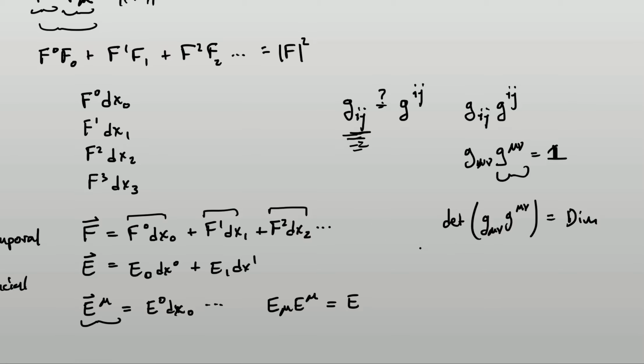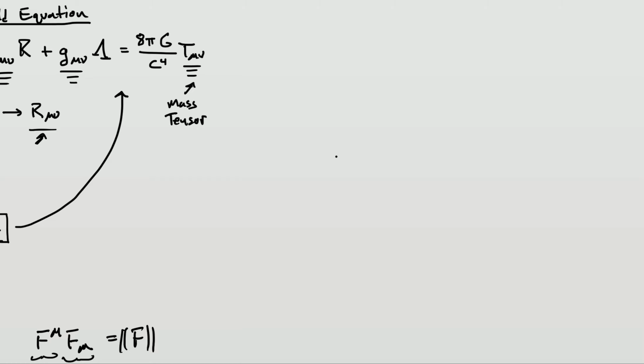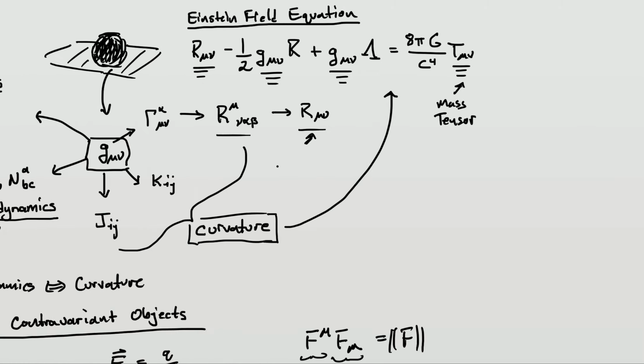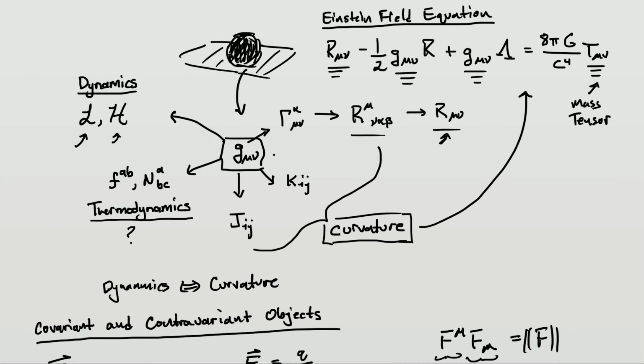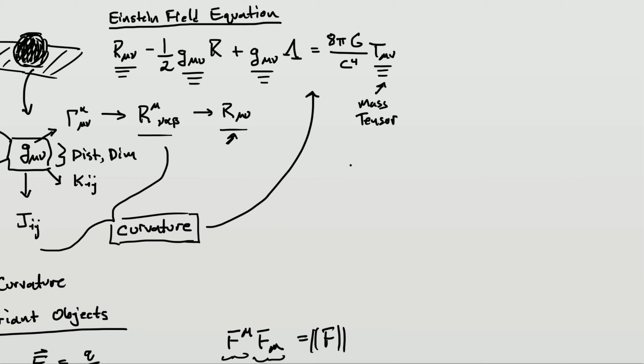So G mu nu, again, coming back to this picture here, gives us the notion of distance and dimensionality. This is a very important object.